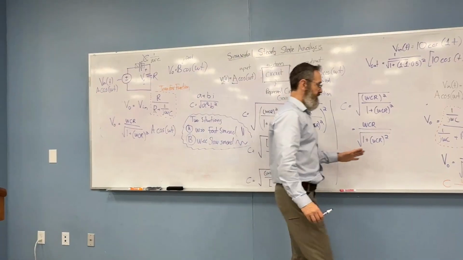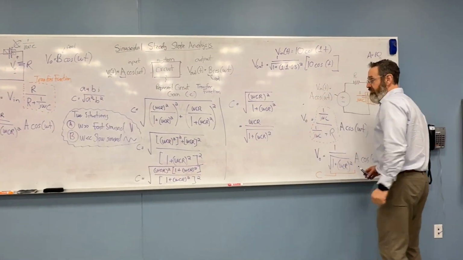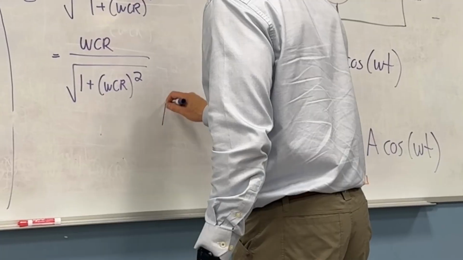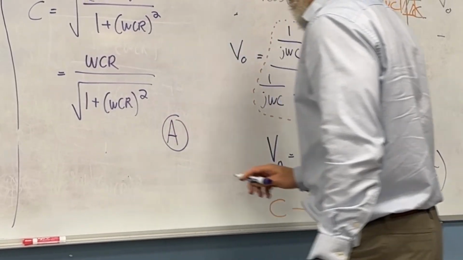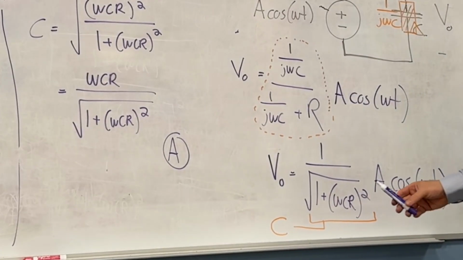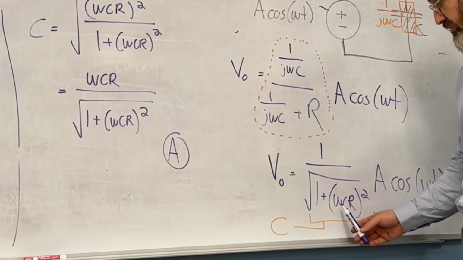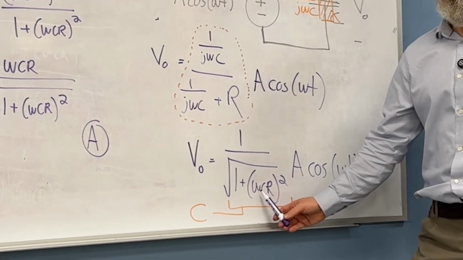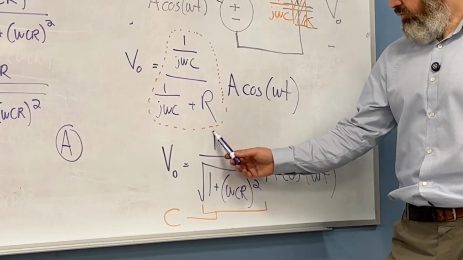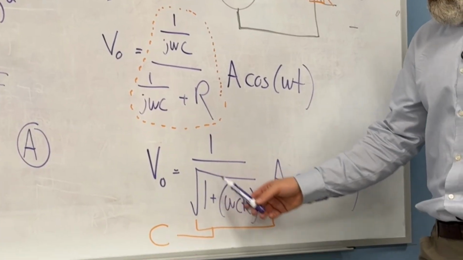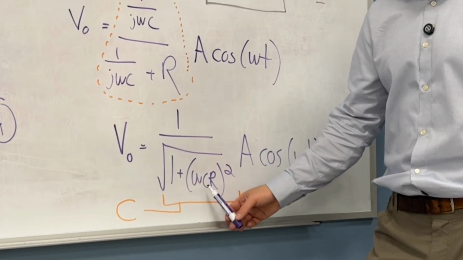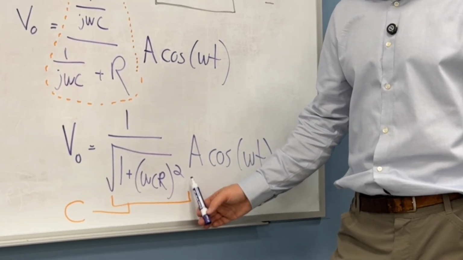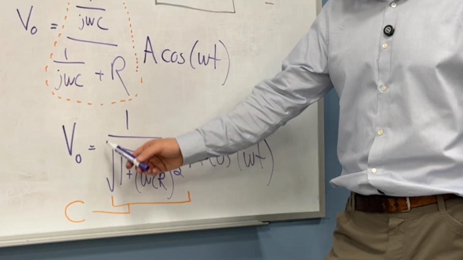Let's start with this circuit here. In the first situation, situation A, it's a big W. That means that this number is very big. This W is a big number, a billion. So I have 1 over the square root of 1 plus a billion times CR squared. This is a very small number.